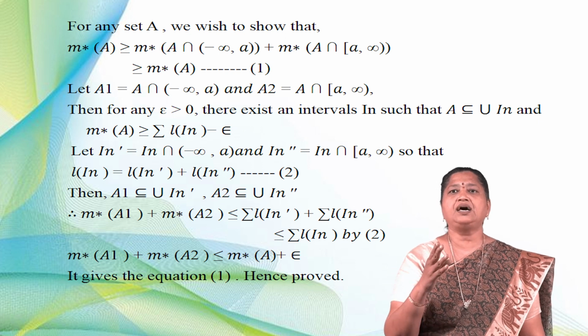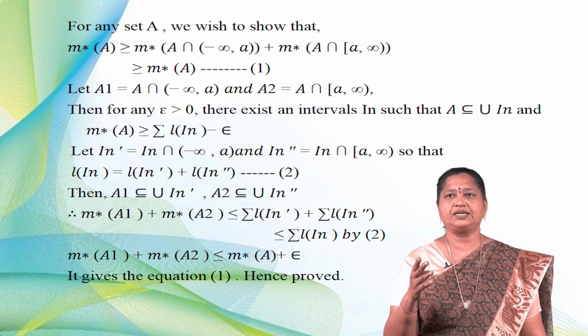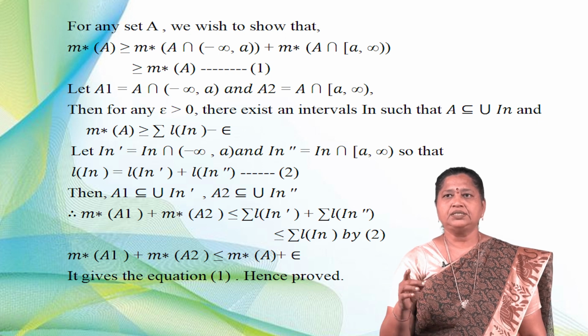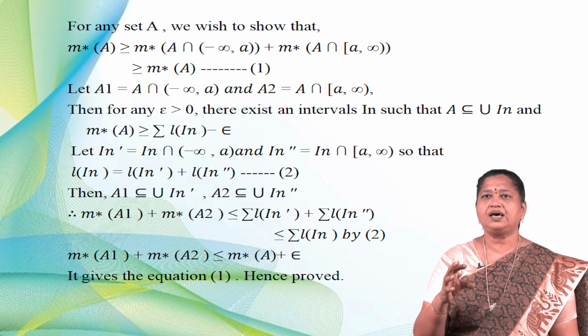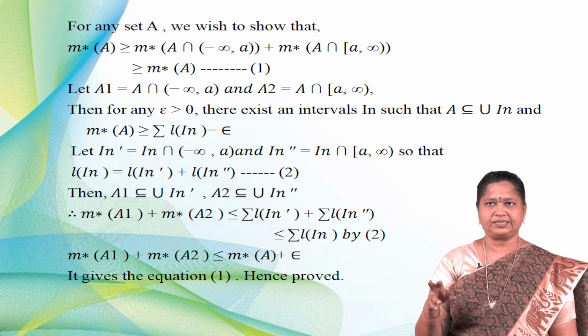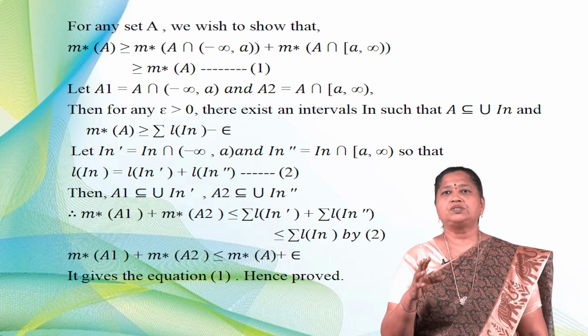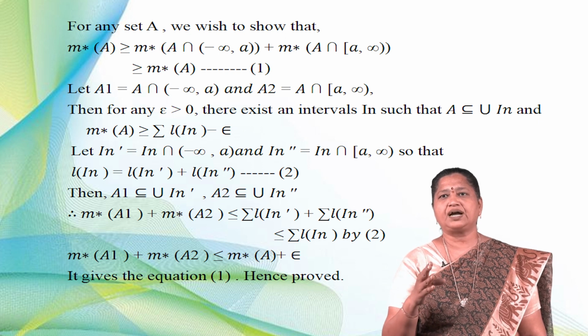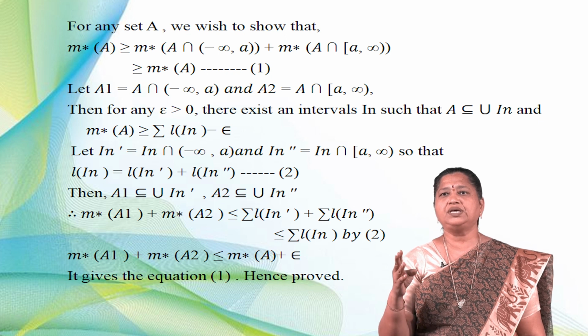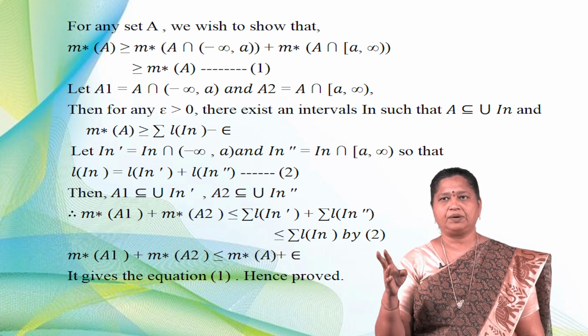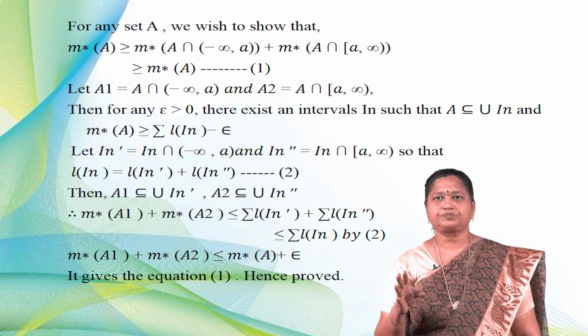So, l of I_n is equal to l of I_n dash plus l of I_n double dash. This is the collection of intervals, l of I_n equal to l of I_n dash plus l of I_n double dash; that is equation 2. Then A1 is contained in union of I_n dash, A2 is contained in union of I_n double dash, as you already know.